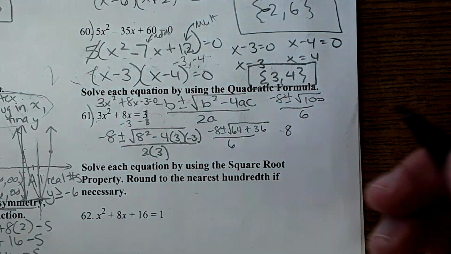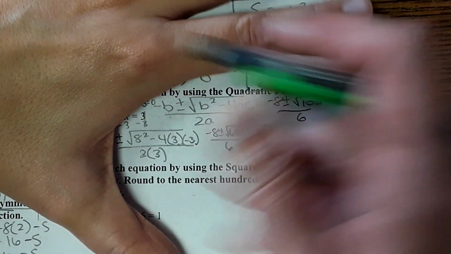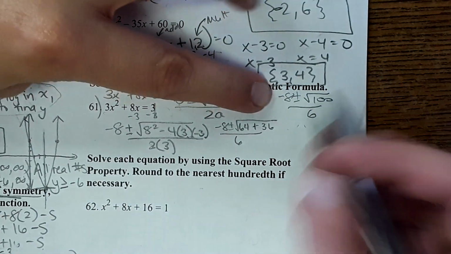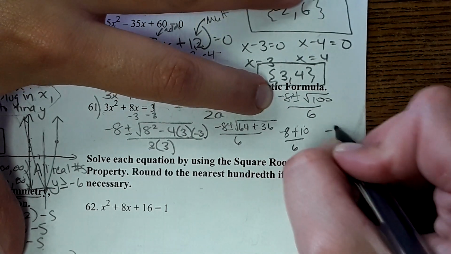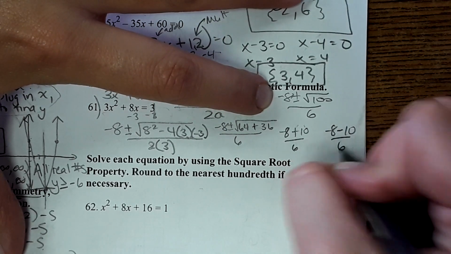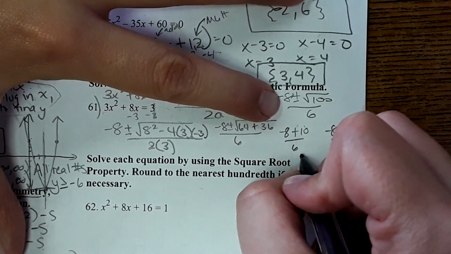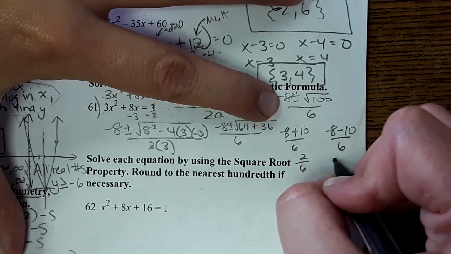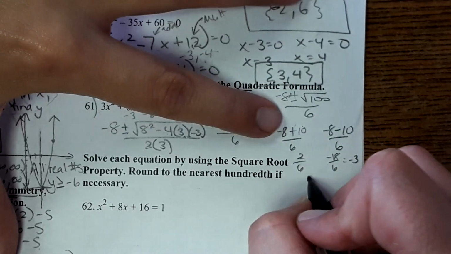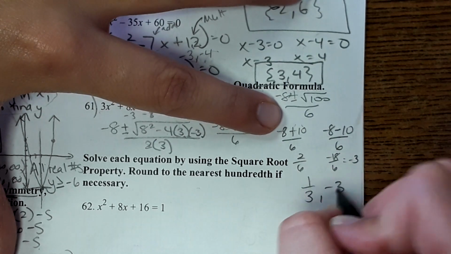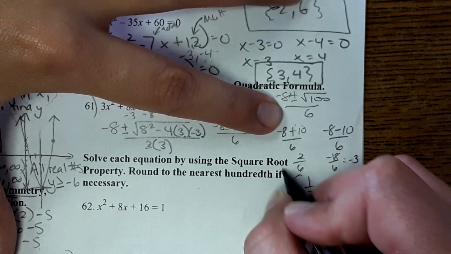So square root of 100 is going to be 10. I'm going to write this out two ways, one with plus 10 and one with minus 10. Negative 8 plus 10 over 6 and negative 8 minus 10 over 6. 2/6 and negative 3. So I got 1/3 and negative 3, and that is my answer.